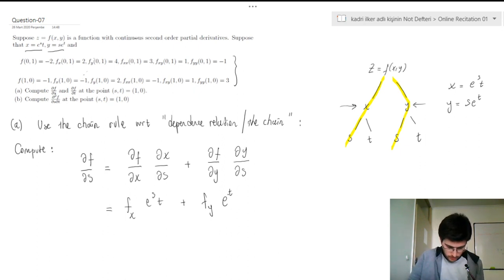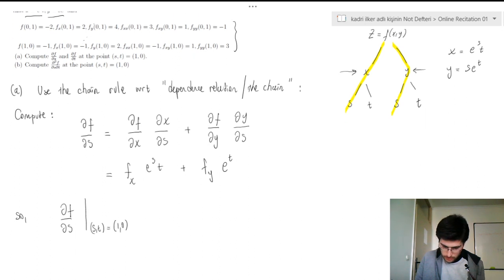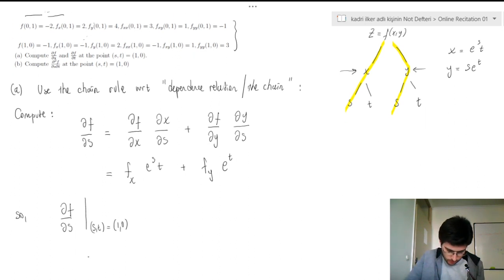Okay. And so if you really want to compute this, at which point? At (s,t) = (1,0). But be careful: when (s,t) is (1,0), equivalently (x,y) will be (0,1), right?